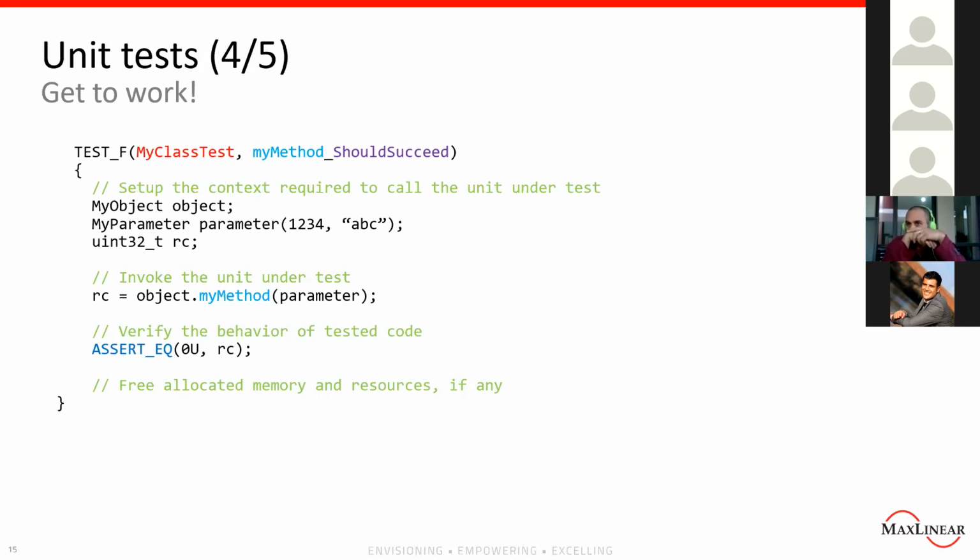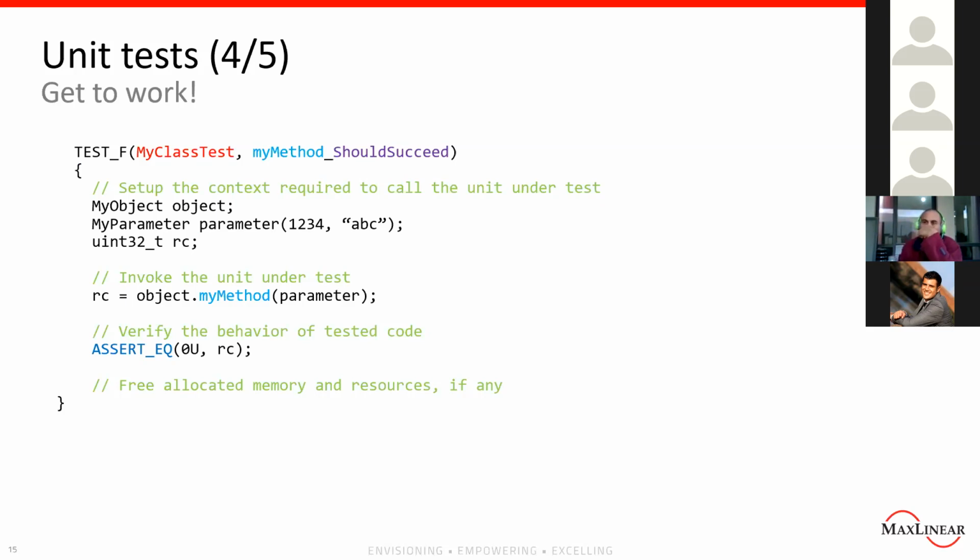We can only test methods that have side effects that can be checked against expected values. Otherwise, there's no way to check that our method does what it was supposed to do. And finally, we verify that our code behaves as expected.